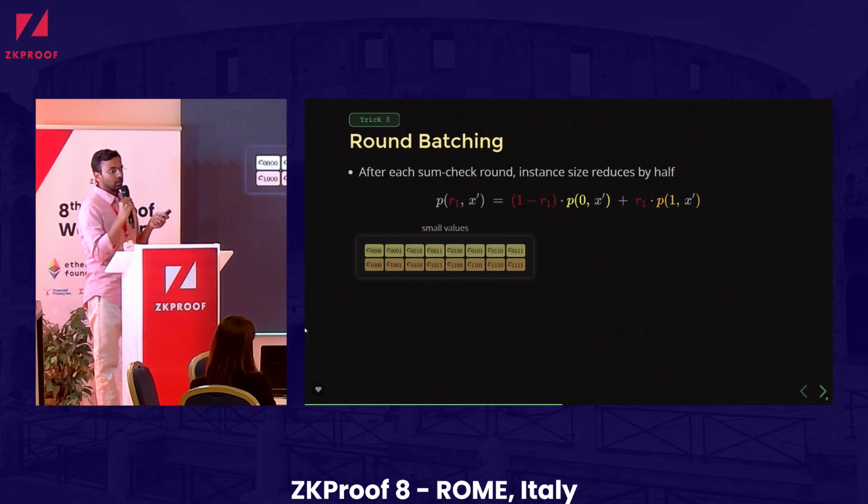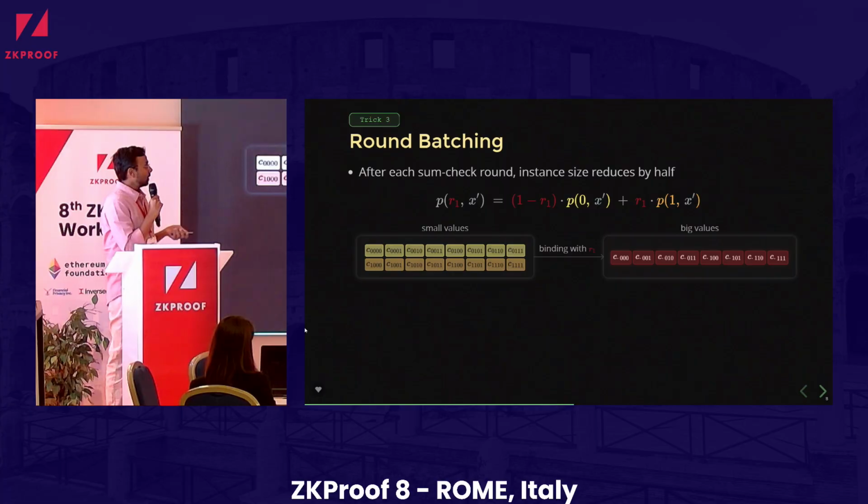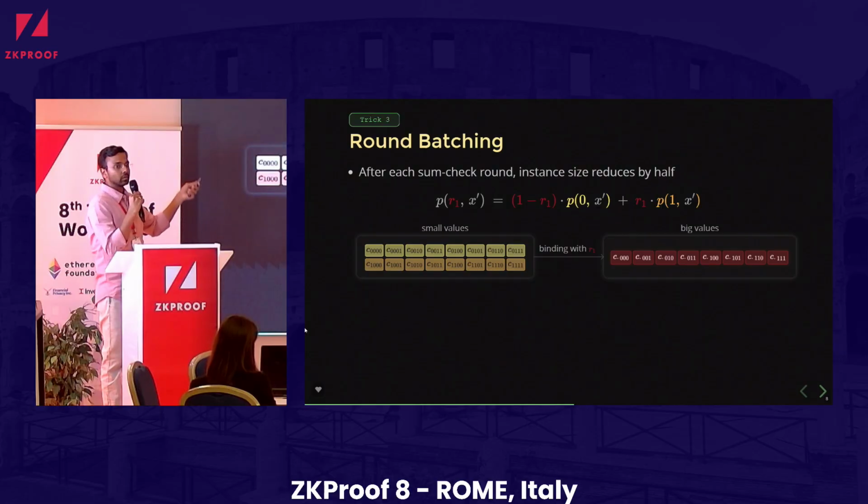So what ends up happening is, our original P had all small values. Let's say I'm just giving an example of 16 values. As soon as we bind with R1, we go to all big values, because now multiplying with the R1 and 1 minus R1 factors, everything blows up.